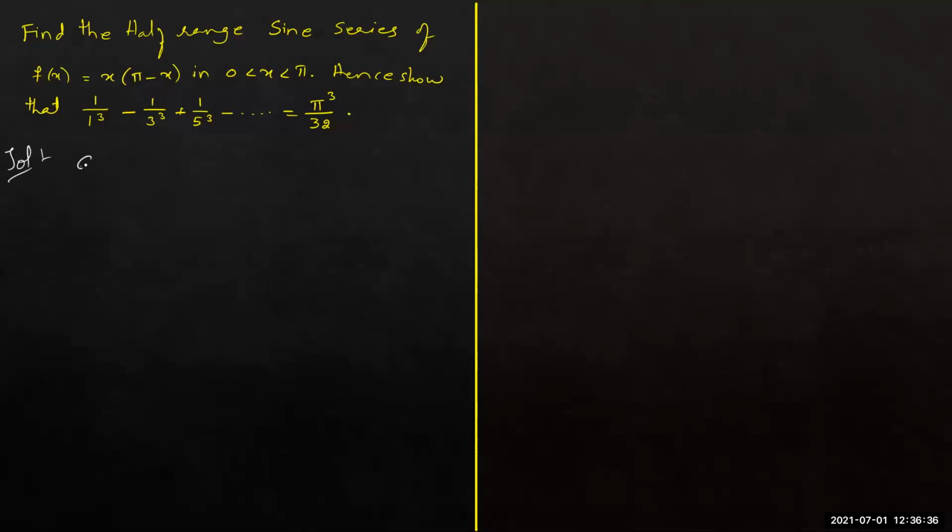The function you are given is f of x is equal to x into pi minus x. Anyway, we are going to use this in integrations now. For convenience, let me also write pi x minus x square.